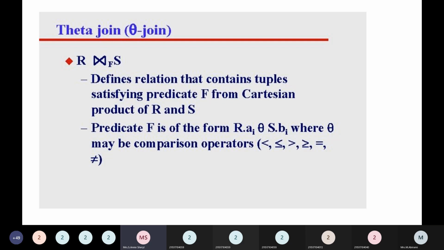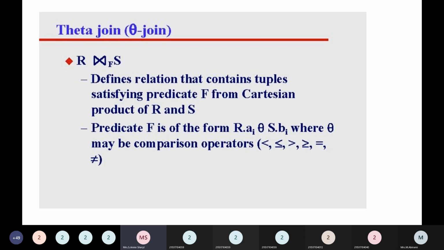So if you are going to perform a theta operation, then you have to indicate that R is inner joined with S, and inside your bracket, you have to mention based upon which predicate function you are going to work.